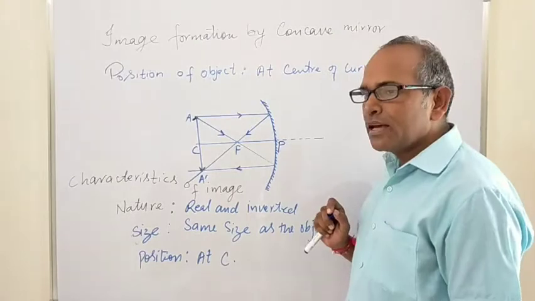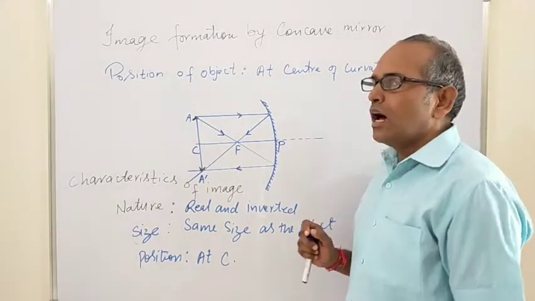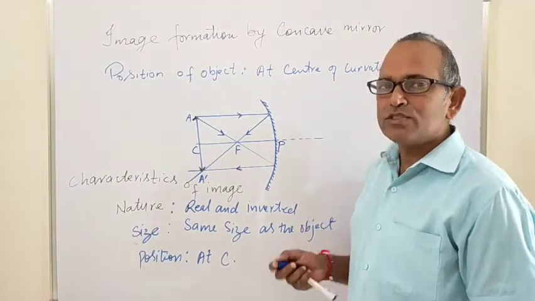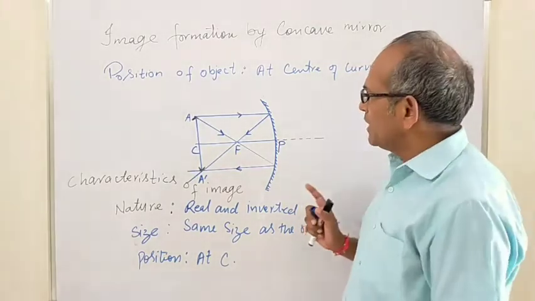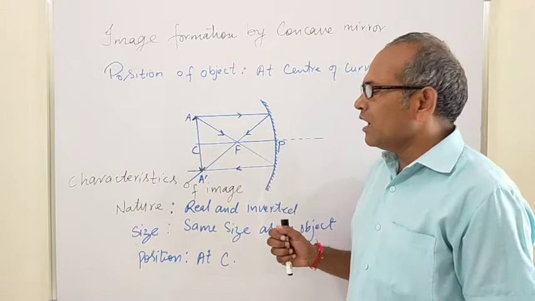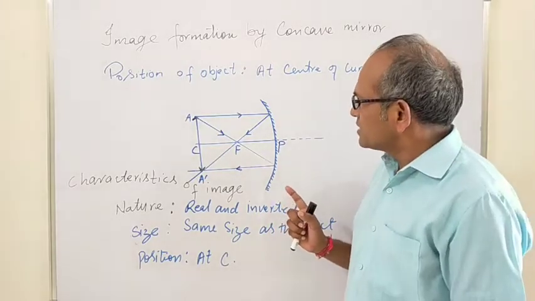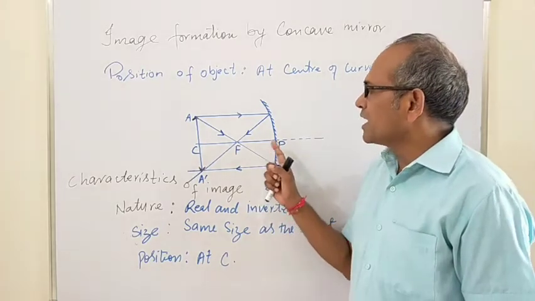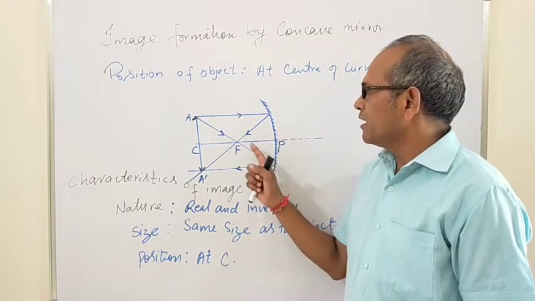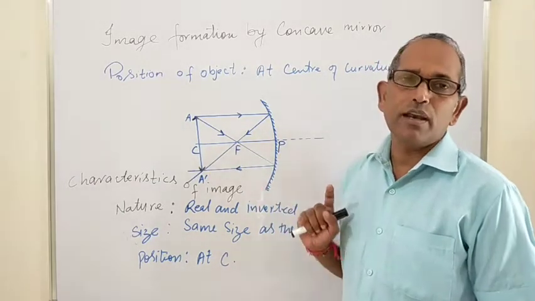Where do we apply it? If you want to get a real, inverted and same size image, then we stand at such a place that the object distance is equal to the image distance, or we stand at a distance where it is twice the focal length.